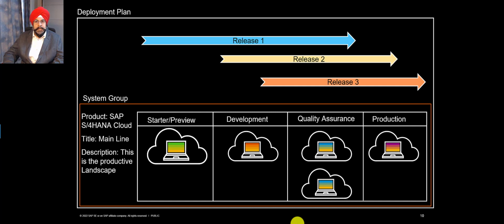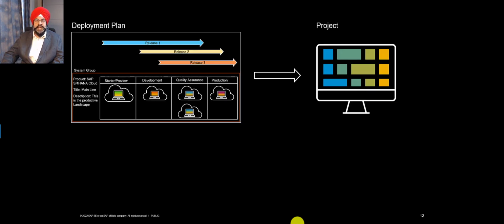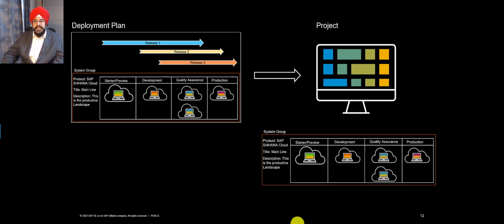Okay. Now let's see how we use a deployment plan in a project. So I have my deployment plan and then I assign it to a project, and what happens is the landscape which is assigned to the deployment plan also becomes available for the project. Now, in this example, I have just shown one system group in the deployment plan, but it may not always be true.